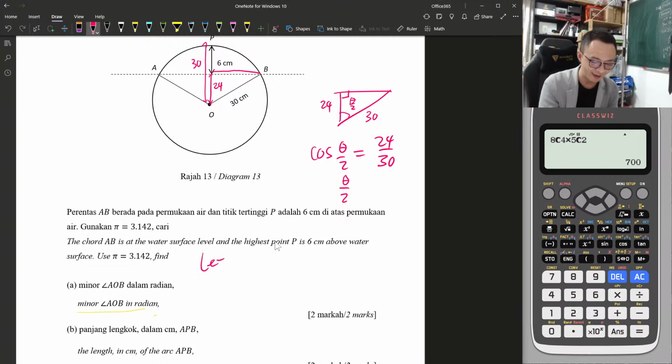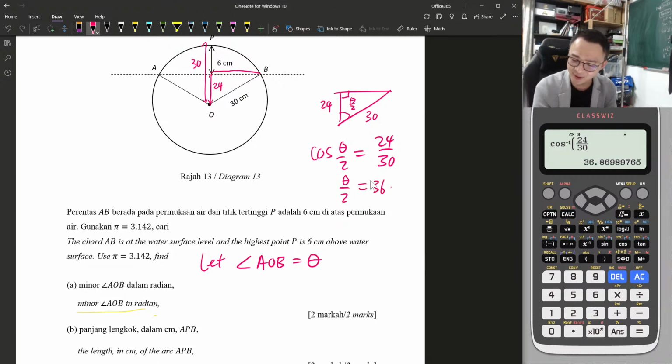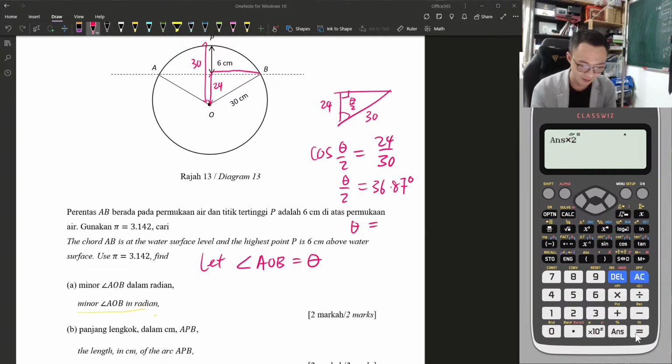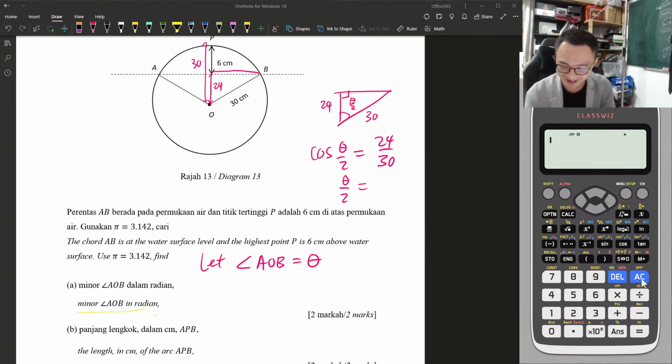I will let angle AOB equal theta. So I will just shift cos 24 over 30. It's about 36.87. So my theta is times 2 for this angle, but it should be in radian. Oh my god, in radian, let's do it again.